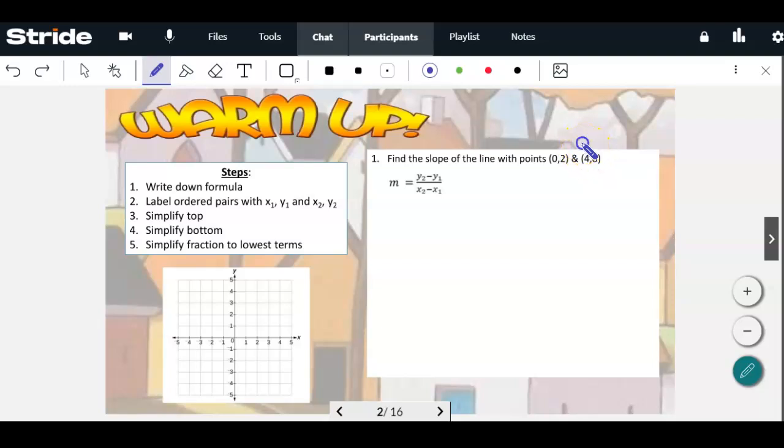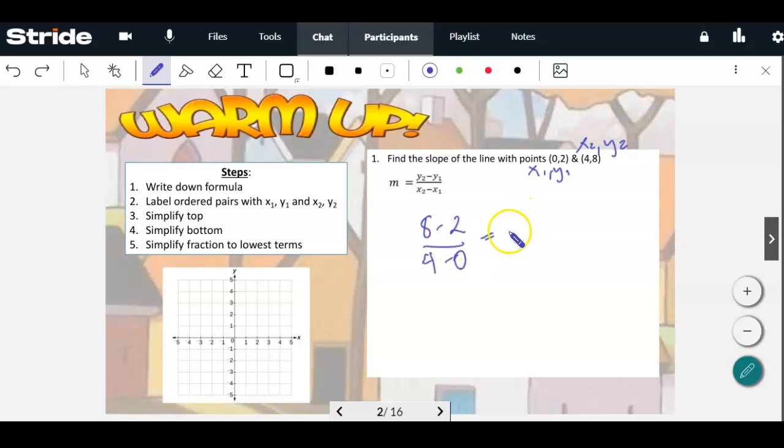Remember, this is x2, y2, and this is our x1, y1. Using the formula, y2 is 8, y1 is 2, and then x2 is 4 and x1 is 0.